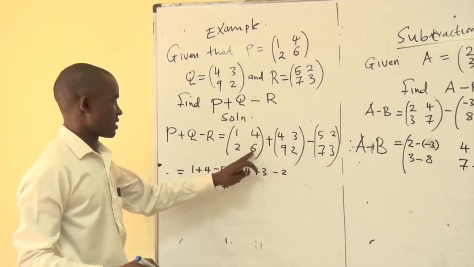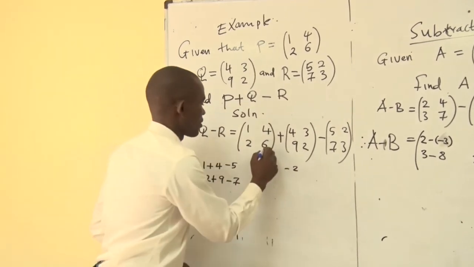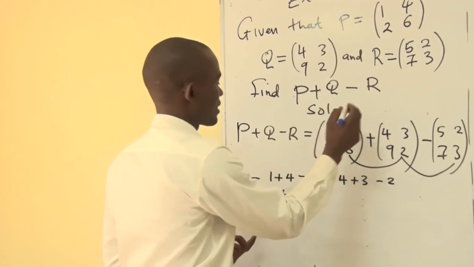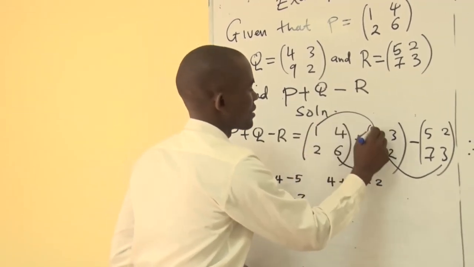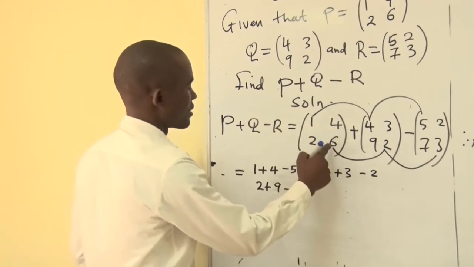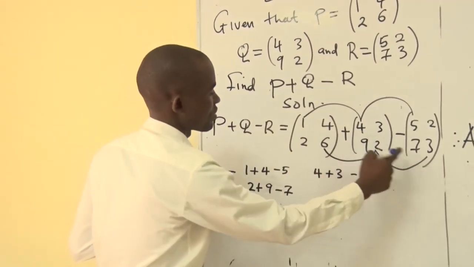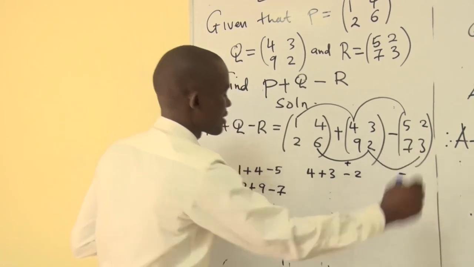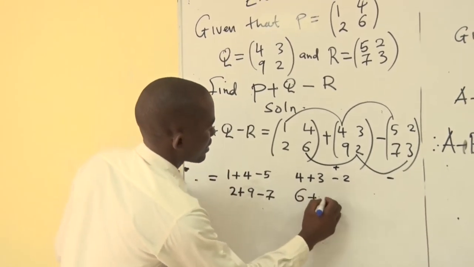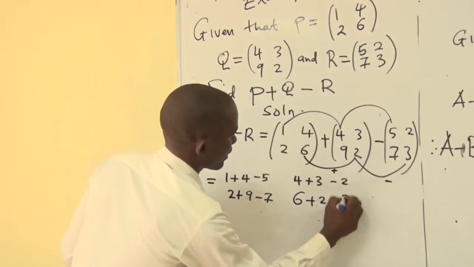Come to the next one, 6 plus 2 minus 3. Remember, these are plus and these are minus.